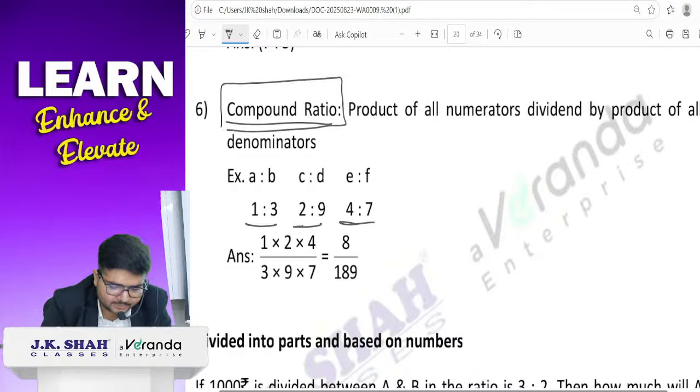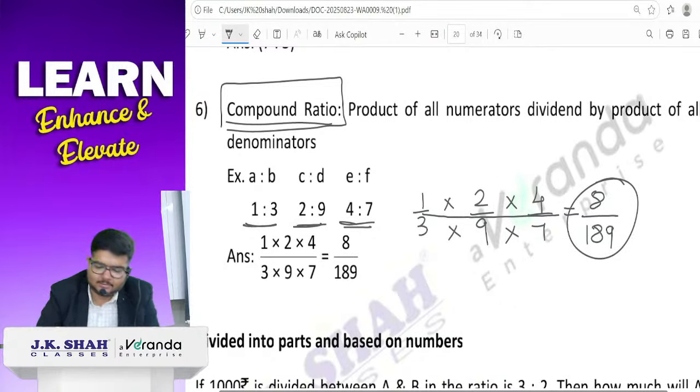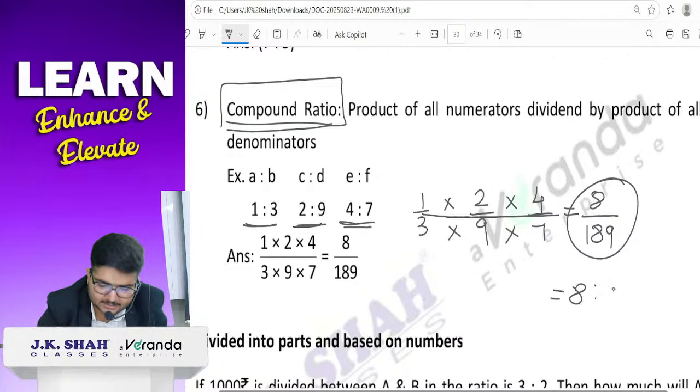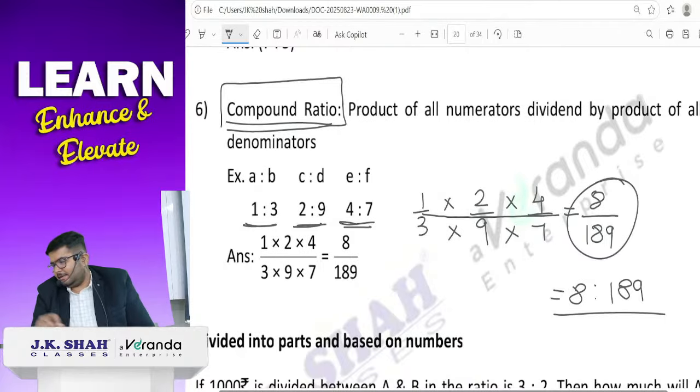So you just have to take these 1/3, 2/9 and 4/7. Then you just have to multiply all the numerators, multiply all the denominators, and that is it. This is the final answer that you will get, or you can write it like this. You are done with it.